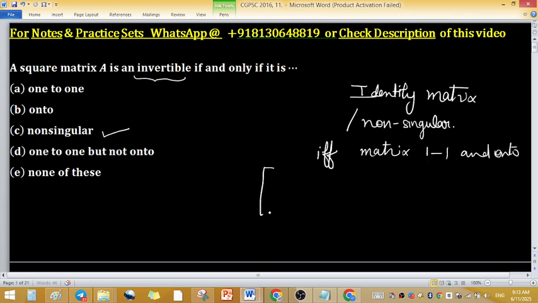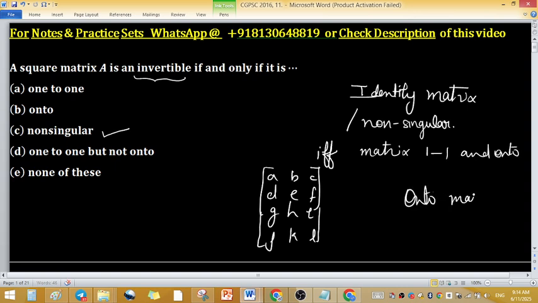To check 1-1, suppose this is a matrix A B C D E F G H I J K L. Now normally we write the matrix representation column-wise.